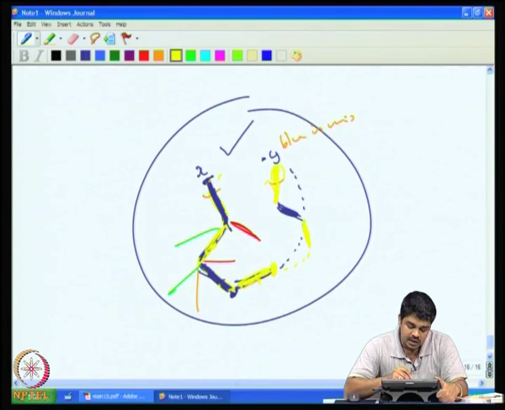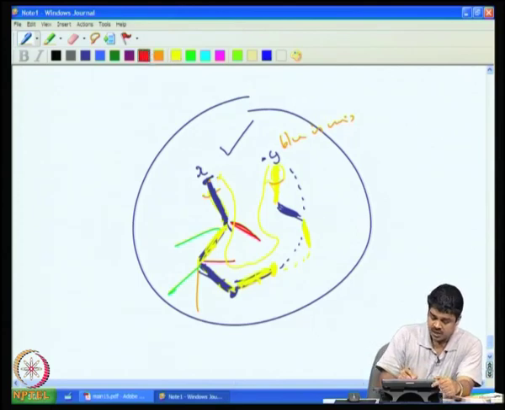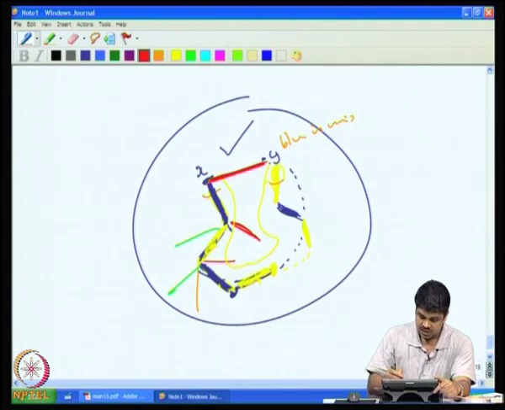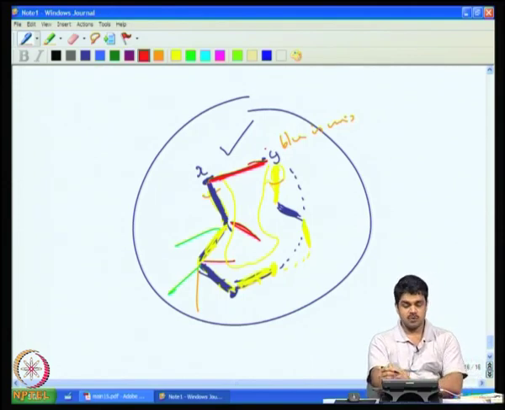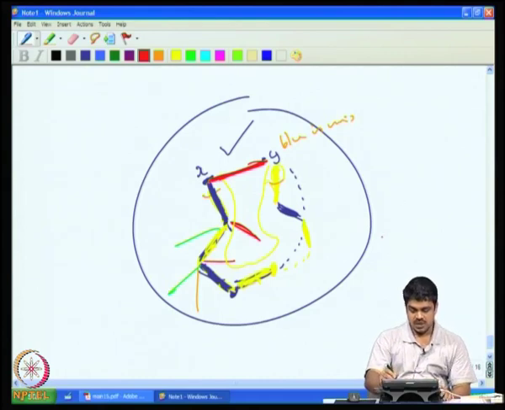So there will be an even number of edges in this path when I start from X and reach Y. Now if I try to add this XY edge, then what you get is an odd cycle: an even number of edges in the path and this one XY edge together make an odd cycle.